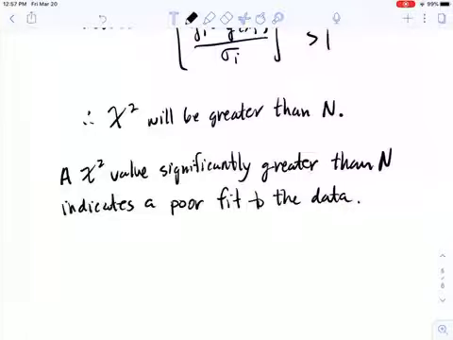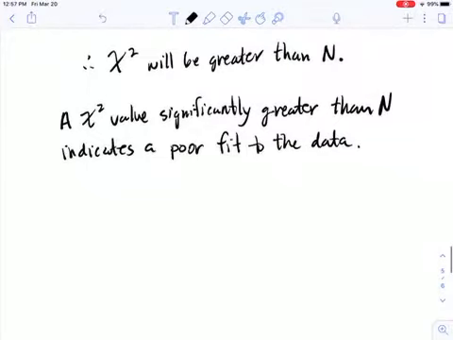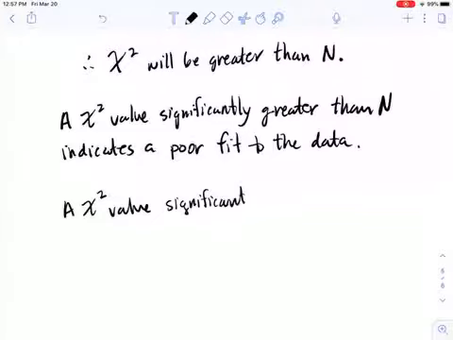Okay. What about a chi-squared value that is significantly less than n?